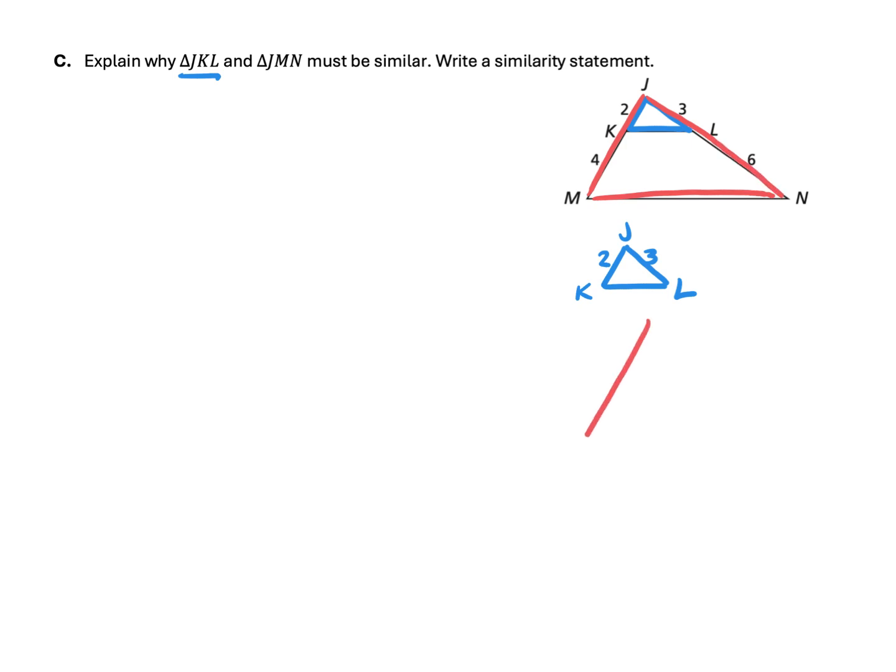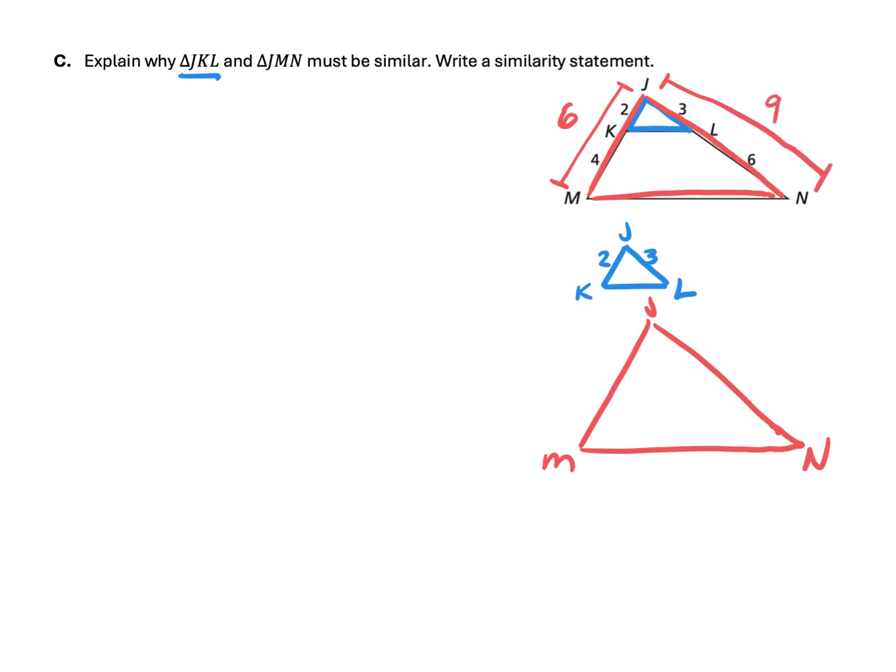So we have triangle JMN. And then we have to use the segment addition postulate to get the length of this side is 2 plus 4, so 6. This side is 3 plus 6, so 9.